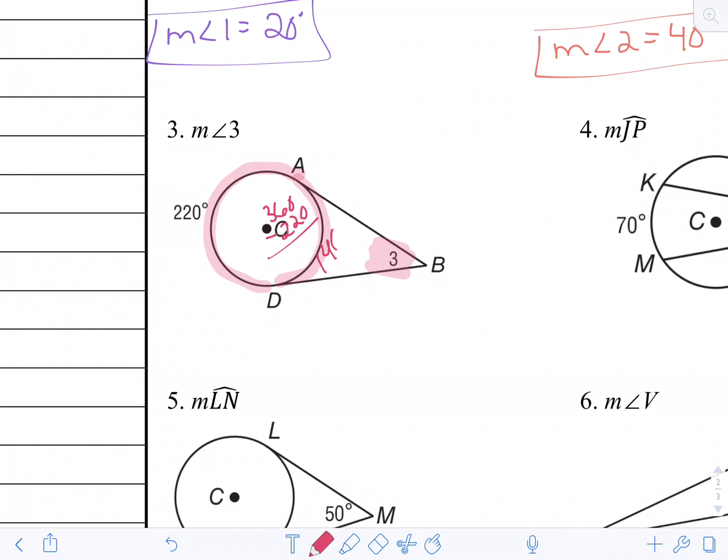So this arc over here is 140 degrees. To find the measure of angle 3, you just do 1/2 of the difference of your arcs, so 220 minus 140. That's 80, so 1/2 of 80 will give you 40 degrees.